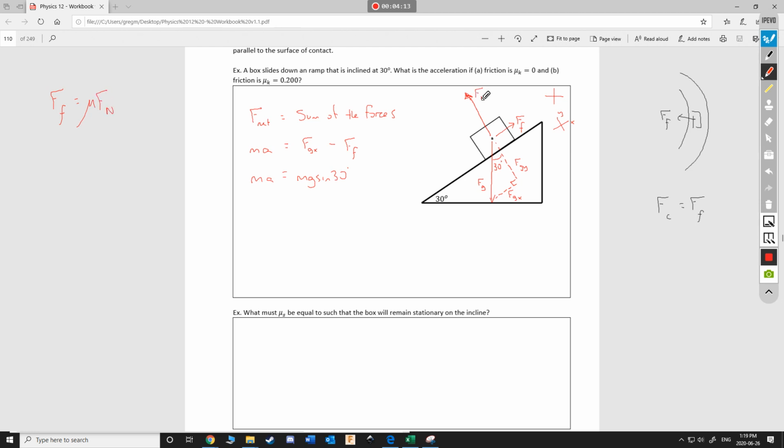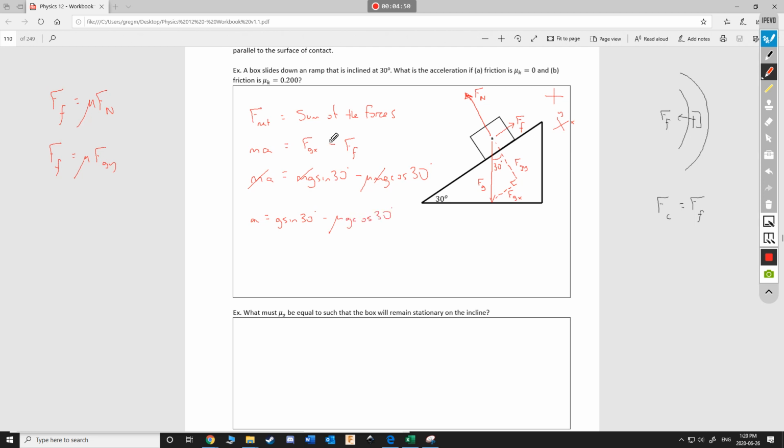The only forces in this y direction are the normal force plus FGY, so force of friction is actually equal to mu FGY. But FGY is just the cos component, so it's going to be mu mg cos 30 degrees. And when there's no external forces acting on an object, we notice that masses cancel out. So we get acceleration is equal to g sine 30 minus mu g cos 30.